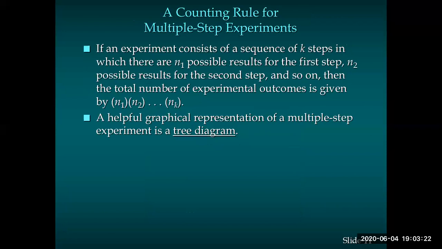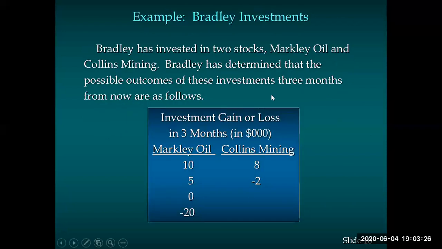If you have a multi-step experiment, like in this case, you can see that these are like two experiments mixing up. One is Markley Oil and the other is Collins Mining. Like in our case, this was perhaps a single coin, and now there's another coin in place as well. So there are 4 outcomes emerging from the first, and 2 outcomes emerging from the second.